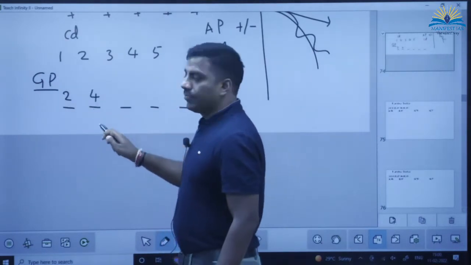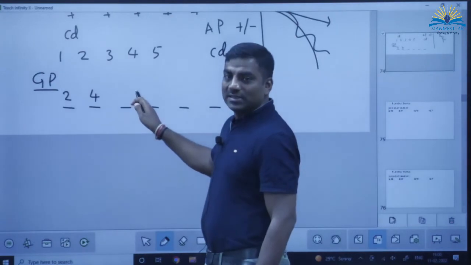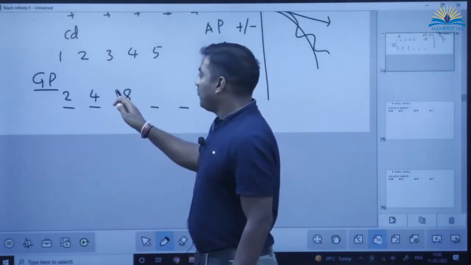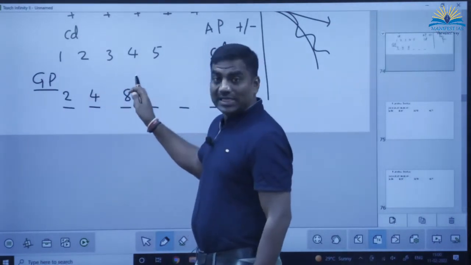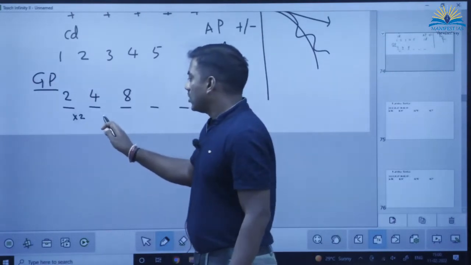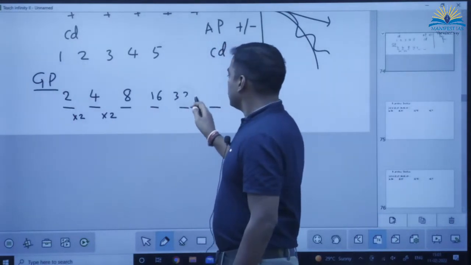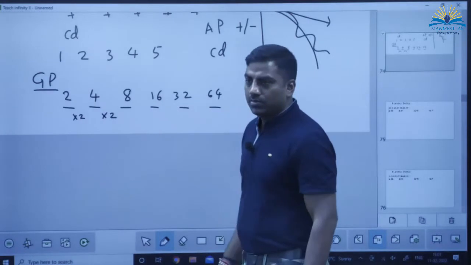Let's say this is 4. This is 8. In geometric progression, it is 8. But if I am representing AP, it will become 2, 4, 6, not 8, because here we are multiplying by 2. So here 16, here 32, here 64. Every time we are multiplying by 2.